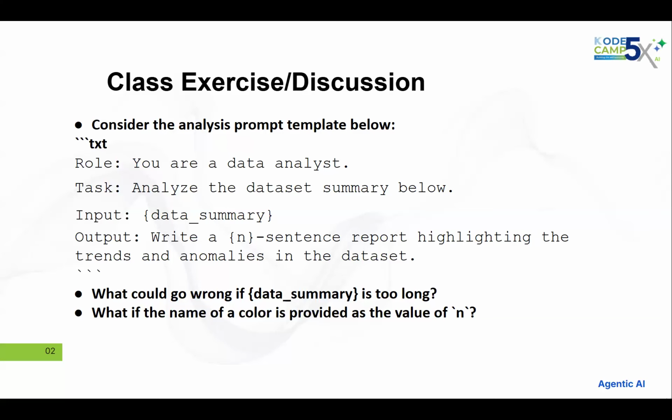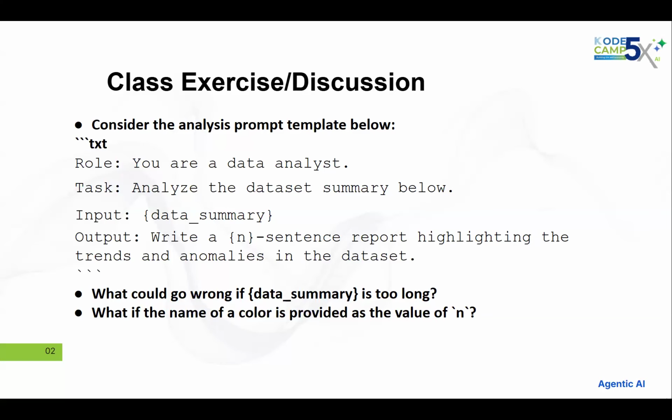And then there's a section where it specifies the output format or format constraint, if you prefer that. So the role here is you are a data analyst, that provides a persona. Task: analyze the data set summary below. That's the instruction. That's what you want it to do. Input will be the data summary.